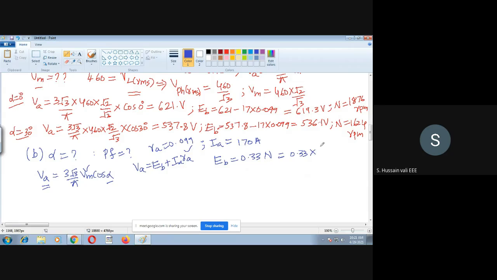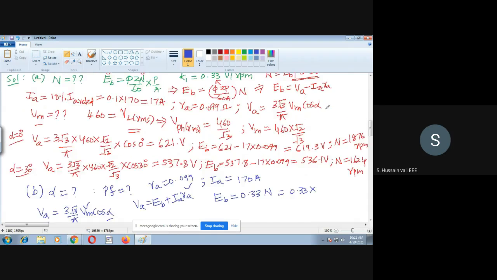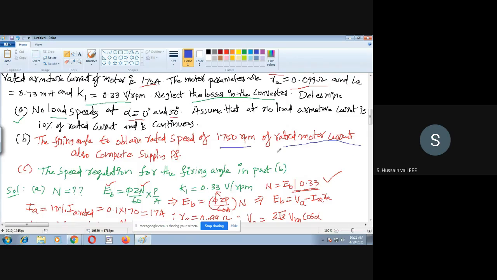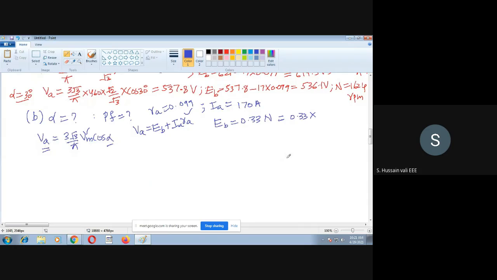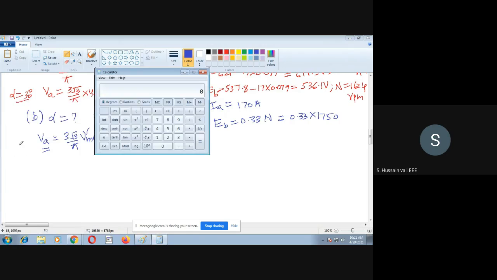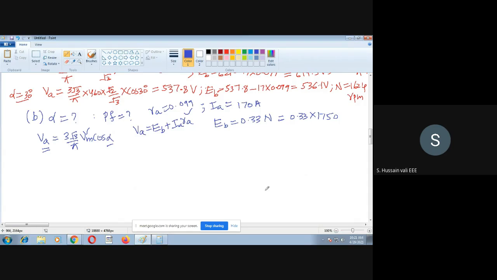What is the speed he has given in the problem? He said rated speed, that is 1750 rpm. Substitute 1750 rpm. What is the value? So 577.5 volts. So we got Eb as 577.5.